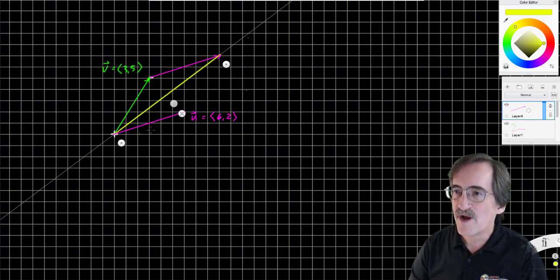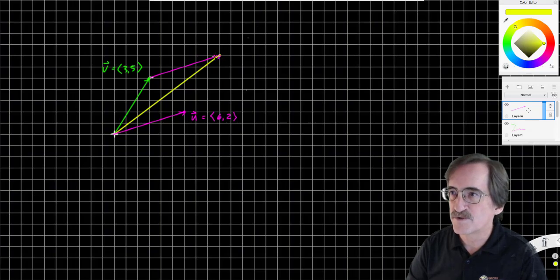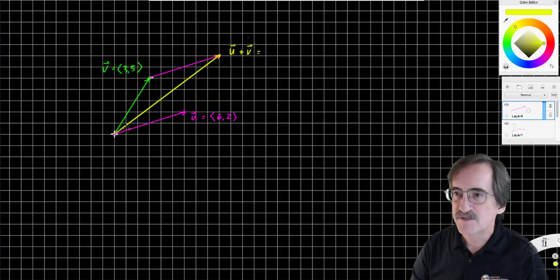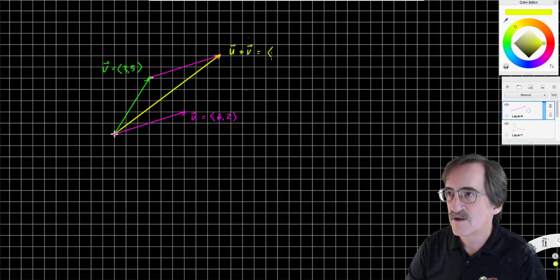Okay, now graphically we can see what the resultant vector is. So u plus v happens to be 9, 7.